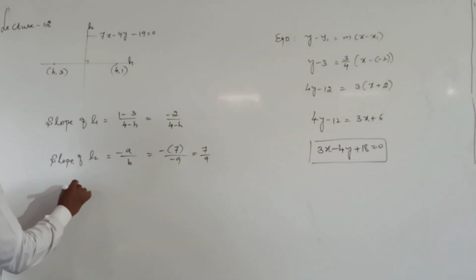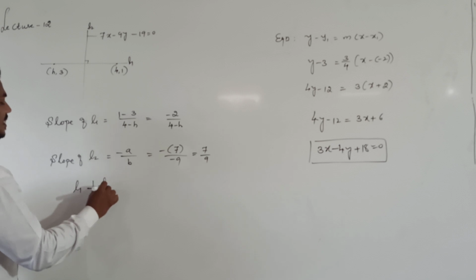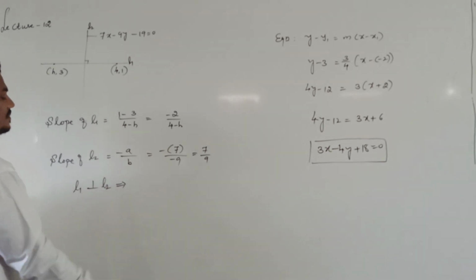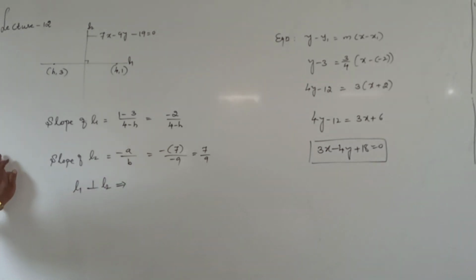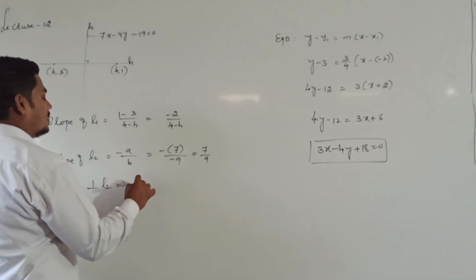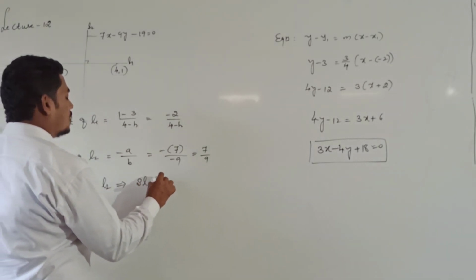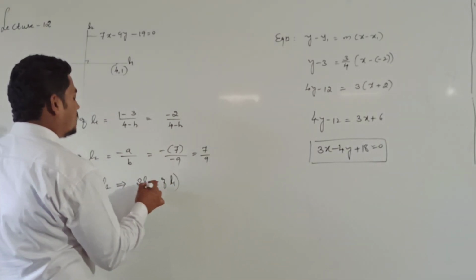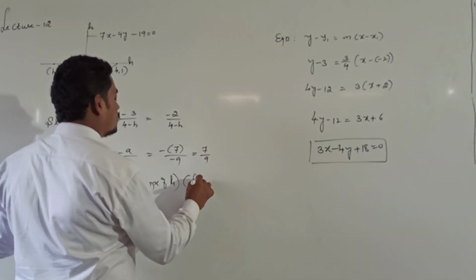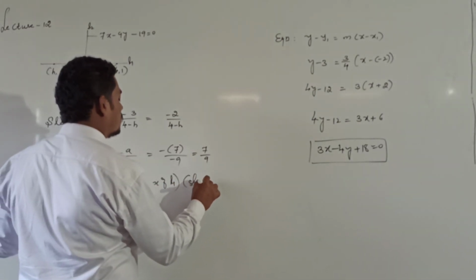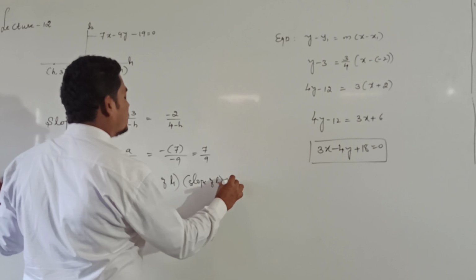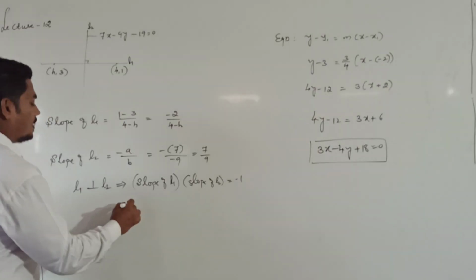And clearly L1 is perpendicular to L2. If L1 is perpendicular to L2, then what do you conclude? Slope of L1 into slope of L2 is equal to minus 1, right?